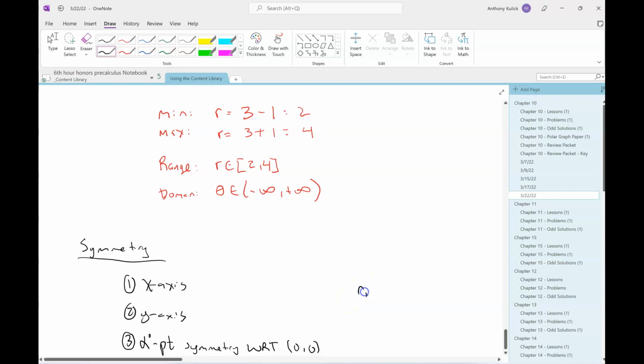So for x-axis symmetry, what we're going to want to check is to take our r theta and replace it with r negative theta and see if it gives us the same function. And then for y-axis symmetry, we're going to take our r theta and replace it with negative r negative theta. And for alpha point symmetry, we're going to take our r theta and replace it with r comma theta plus alpha.